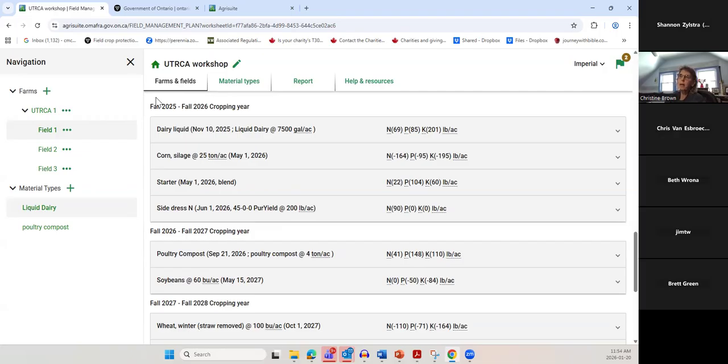And what is my history of manure application? Because the more times I've applied manure, that higher nitrogen rate is still going to be in that soil. What are the soil parameters, like what is my soil texture? What is the drainage? Because all those things are part of the field history that we can't ask in AgriSuite, but makes a difference in how much nitrogen we can expect.